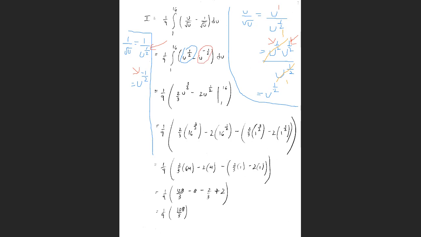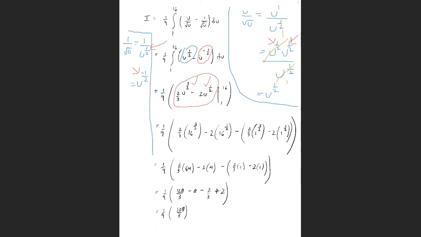And so, okay, and then we get the antiderivatives. So this is really just calculus 1. And then I have to put in the 16 and the 1. So I put 16 in this function here.